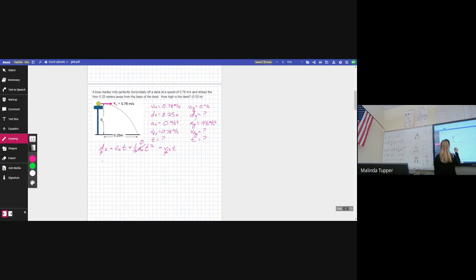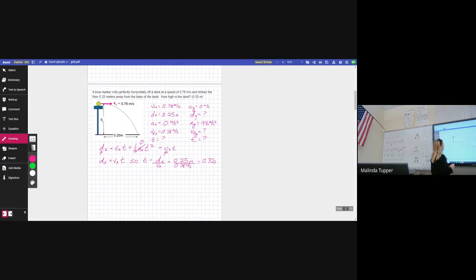I could rearrange this: dx equals vx times the time. So the time is dx divided by vx. I just divide both sides by vx. So this gives me 0.25 meters divided by 0.78 meters per second, which gives me a time of 0.32 seconds.